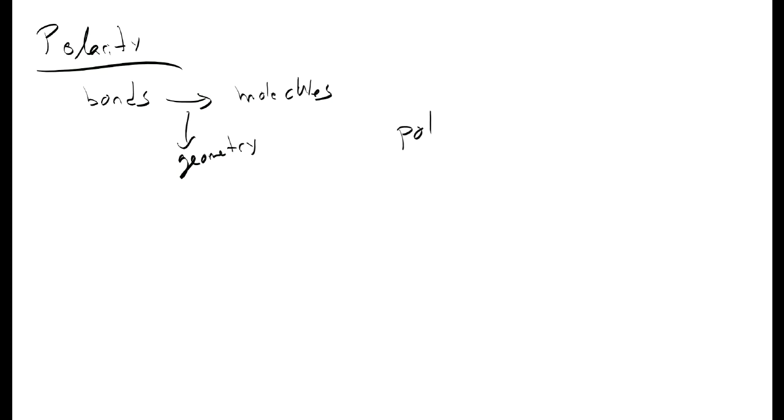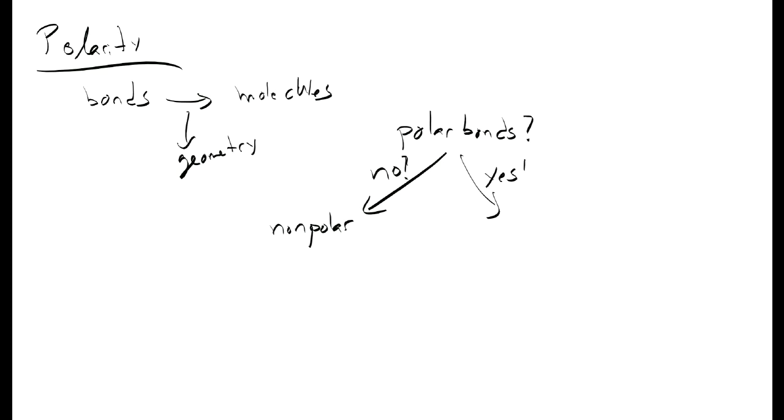Does a molecule have polar bonds? If the answer is no, then the molecule is non-polar. If the answer is yes, well, it could be polar or it could be non-polar. So let's say, is it highly symmetrical?